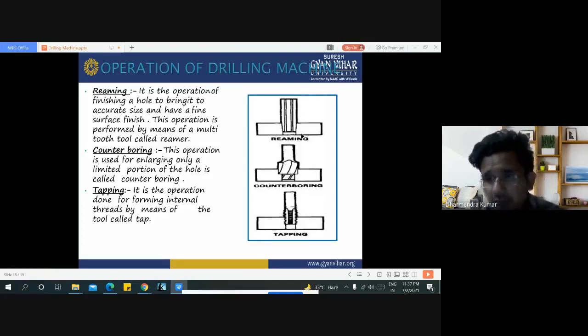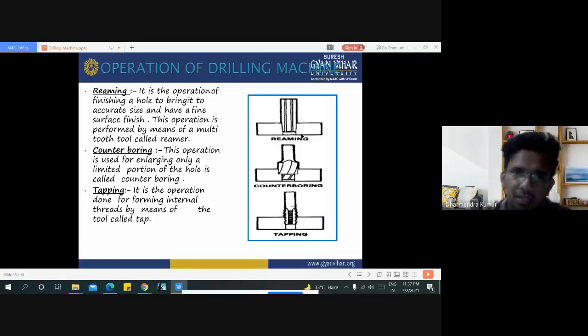In this chapter, we have seen what a drilling machine is, the working principle of a drilling machine, various components associated with a drilling machine, various types of drilling machines according to their application, and the various types of operations which we perform with the help of a drilling machine, like reaming, counter boring, tapping, counter sinking, drilling, and boring.